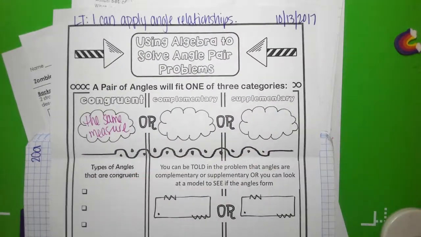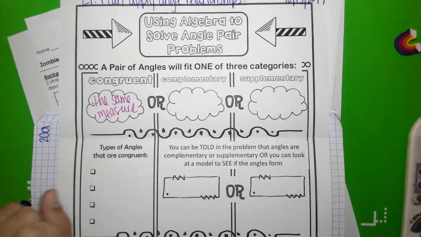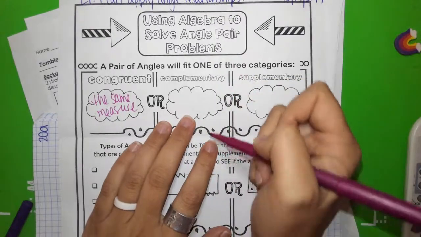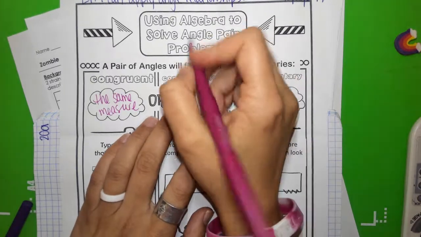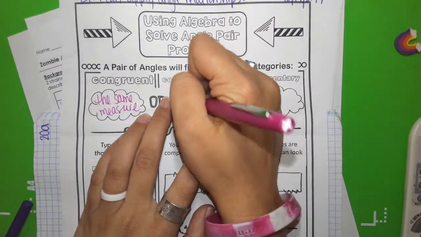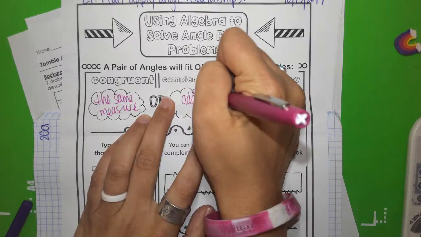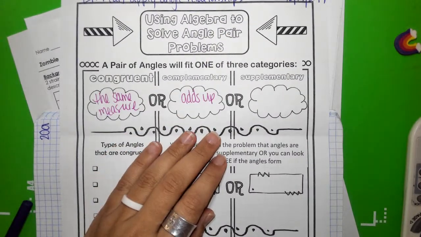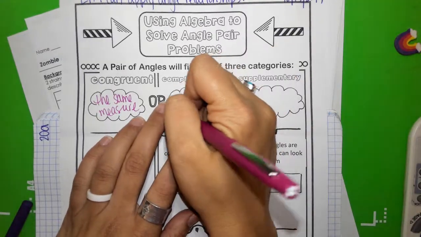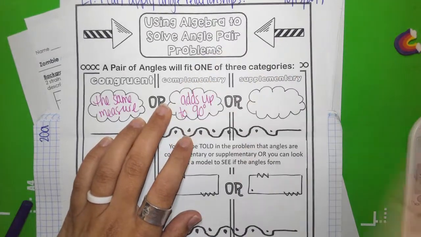All right, Hufflepuff, I need you to get it together. I'm going to start taking away points. What is complementary? Equals up to 90. All right, minus one from y'all's table. Y'all keep talking, and I need you to stop. Minus one. Adds up to 90 degrees.